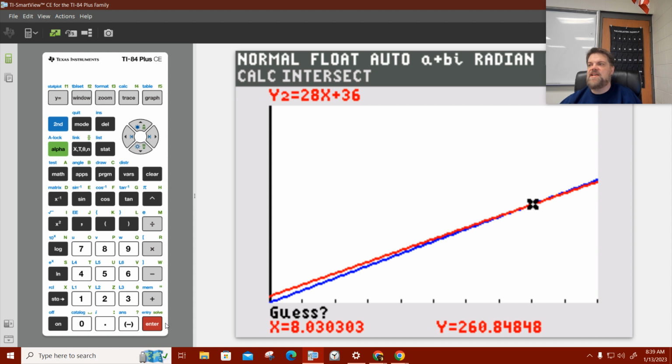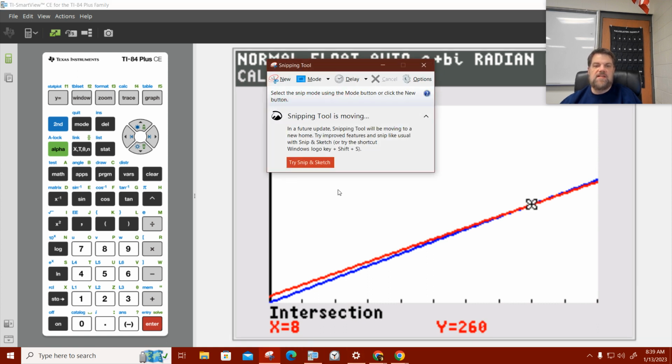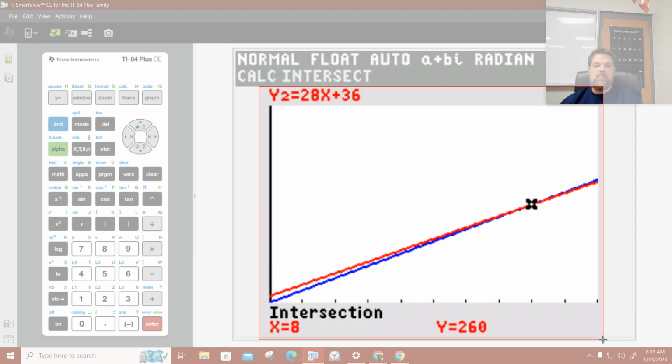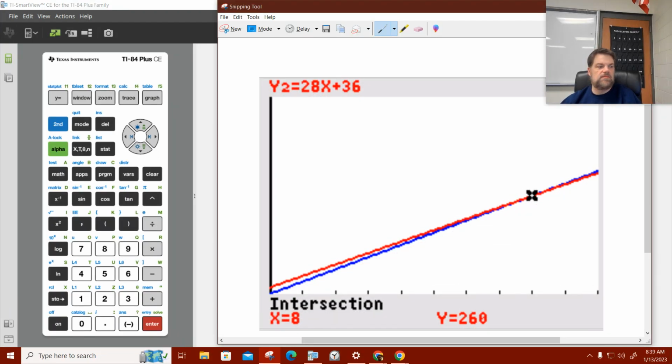I'm going to guess, right? And then the calculator will tell me exactly what the answer is. Now, what that means is that they're both equal to 260 when x equals 8. Okay? And I'm going to paste that in your notes in just a second, and we'll take a look at it.